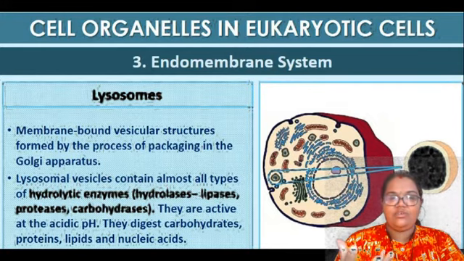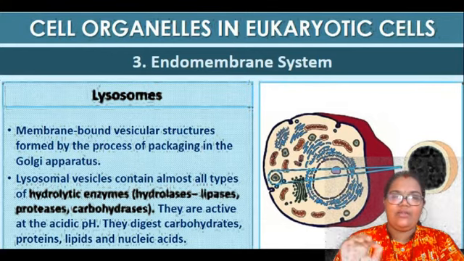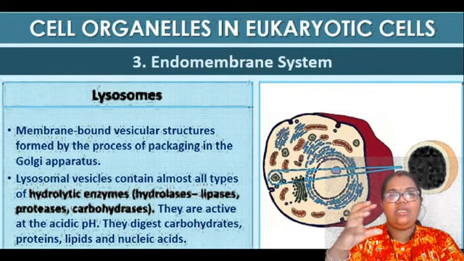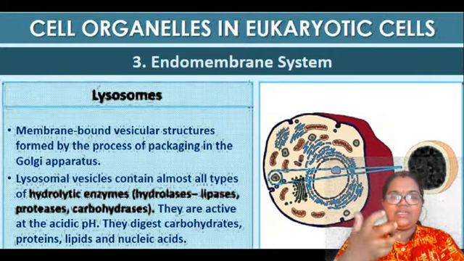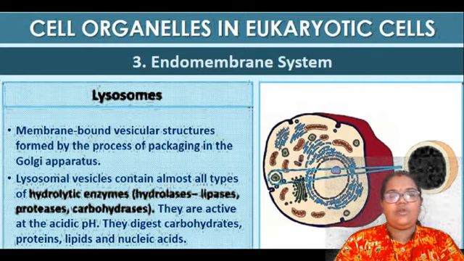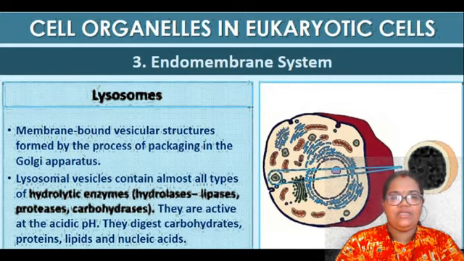These lysosomes contain different types of hydrolytic enzymes. Lytic means destroying. Destructive enzymes are the proteolytic or hydrolytic ones. Proteolytic means protein lysing. Here different lytic enzymes are there: lipases, proteases, and carbohydrases.